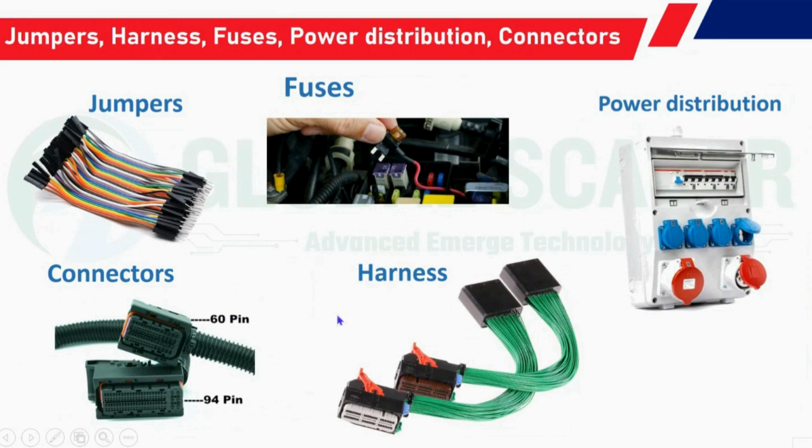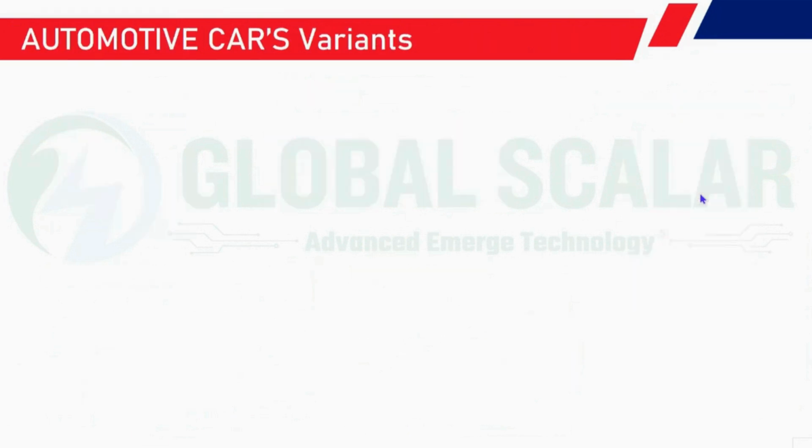Connectors are configured to the ECU and harness. Similarly, connectors are given to a group of wires. It will be the harness and power distribution, just to understand the power we are distributing to the components. Here the component is the hardware, which has inputs and outputs.